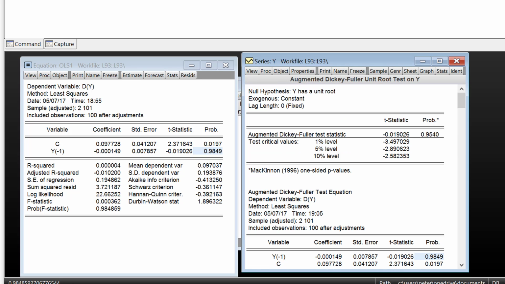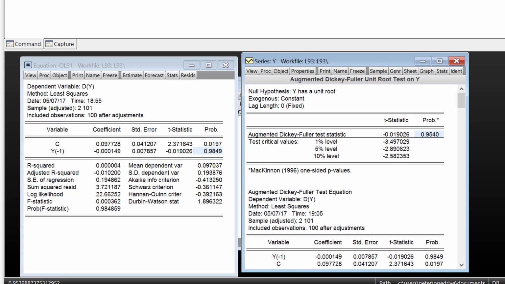The correct p-values using Dickey-Fuller critical values are given over here. So here you can see, for example, the critical value at 5% level. The Dickey-Fuller critical values are in general much larger in an absolute sense. And this is the p-value.